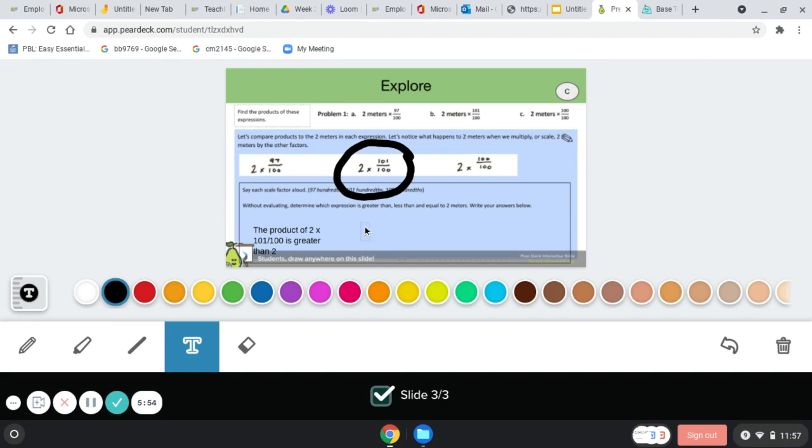So let's put that. The product of 2 times 97 hundredths is less than 2.